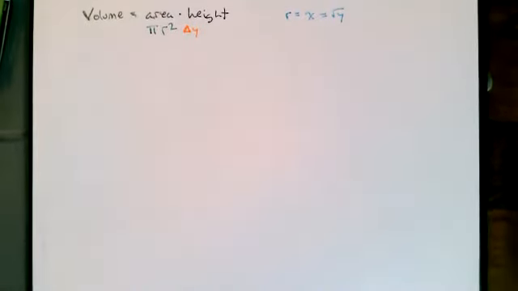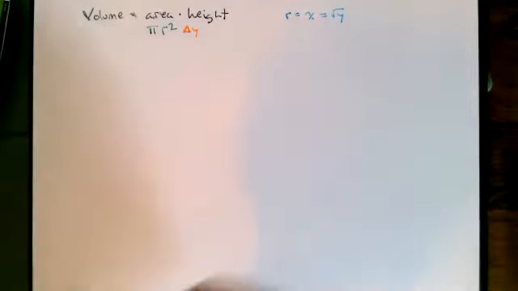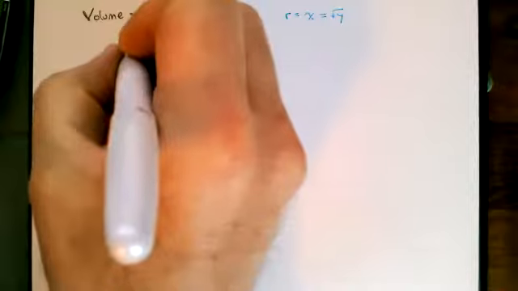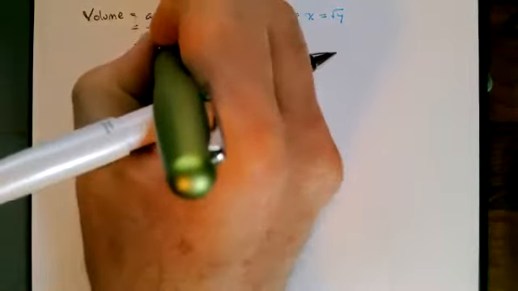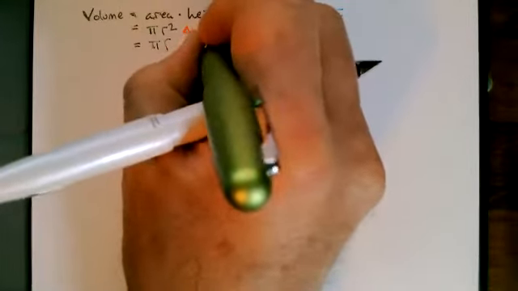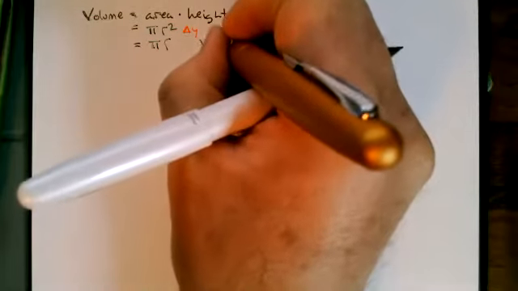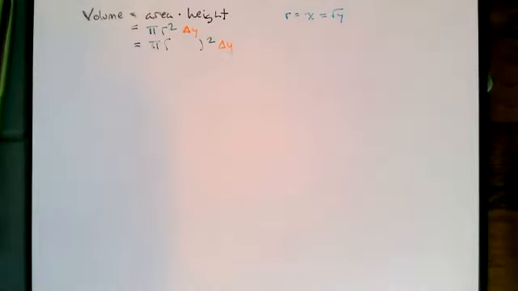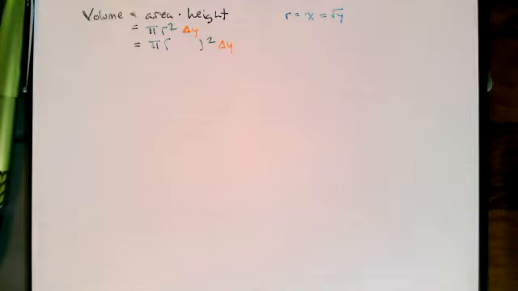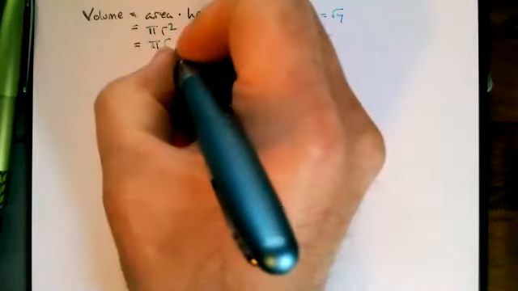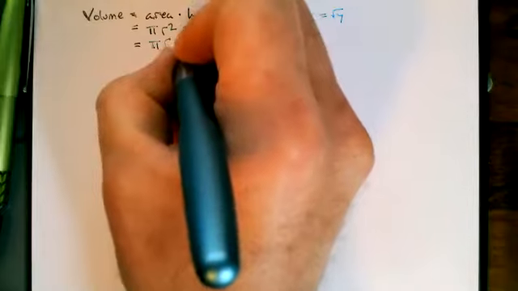Oops, here's what I'm writing. So for the volume, I have pi times the radius squared times the delta y. And for the radius, I need to write it in terms of y, which was the light blue, and r is the square root of y.